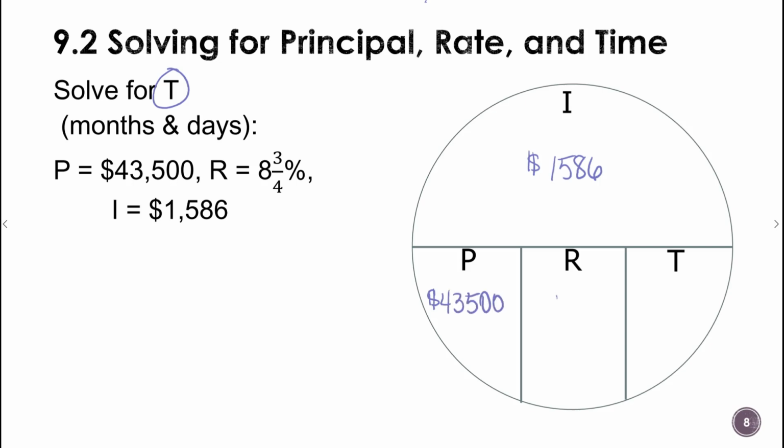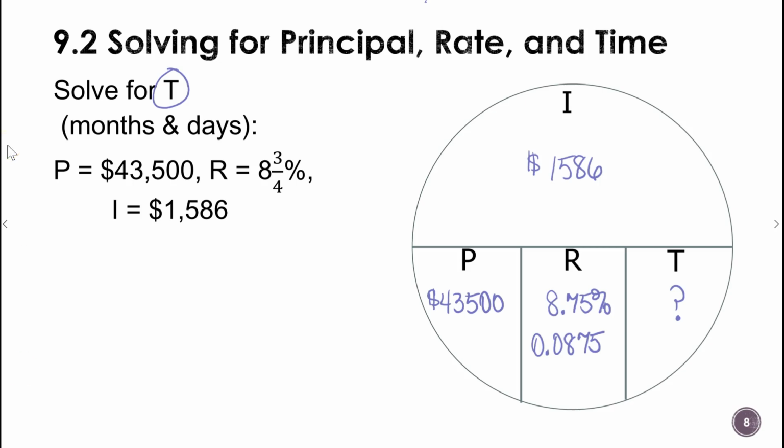We know our rate, I'm going to write that as 8.75%, and then time is what we're looking for. We also have to change the rate to a decimal, 0.0875. I actually used that rate on the first example, just practicing with the calculator on this section.